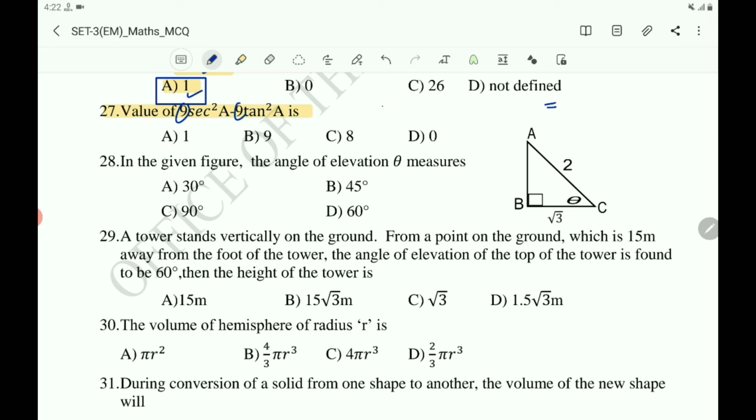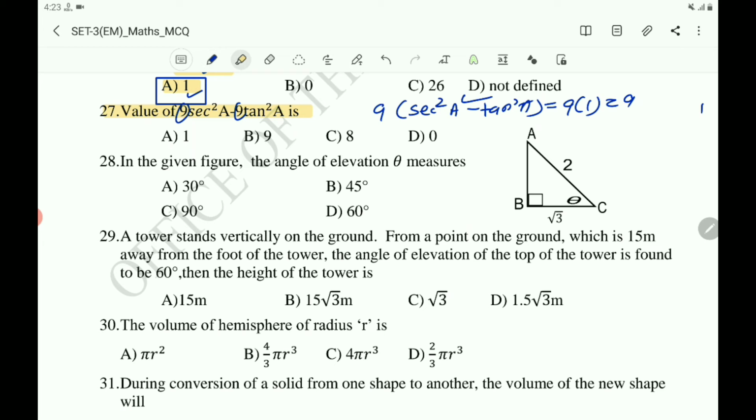If 9 is taken out, it becomes 9 into secant square A minus tan square A. You know that secant square A minus tan square A is equal to 1, because 1 plus tan square A is equal to secant square A. If it is brought this side, you will get secant square A minus tan square A equals 1. Therefore 9 into 1, which is equal to 9.